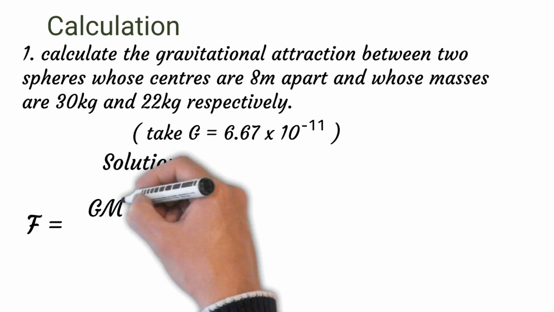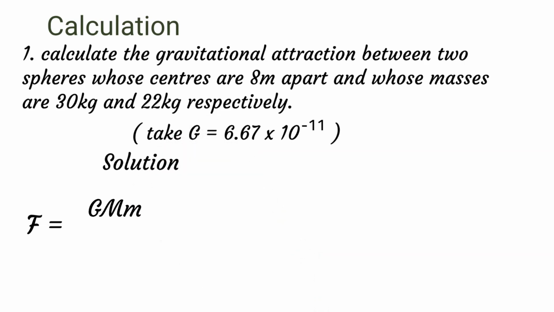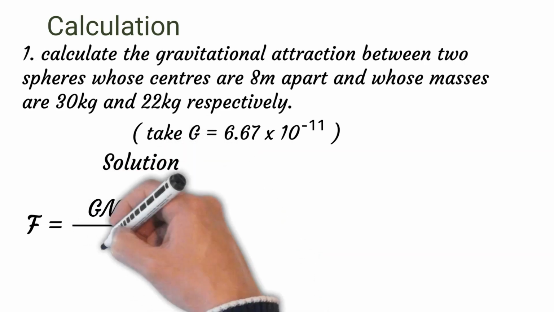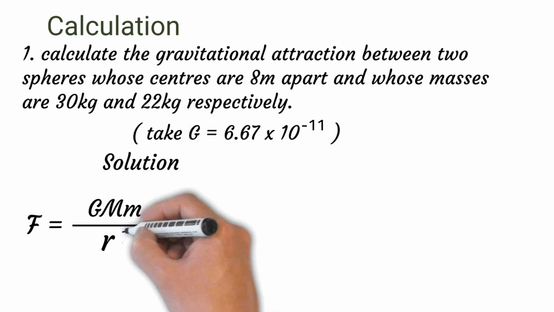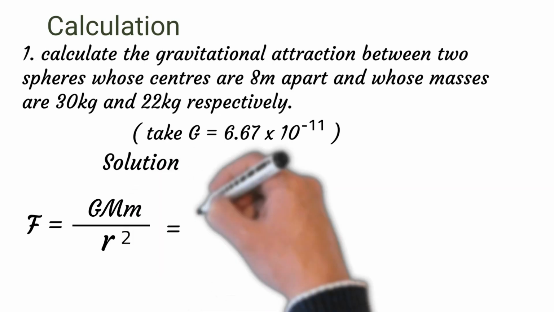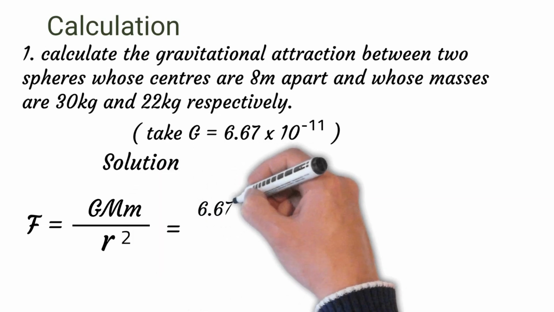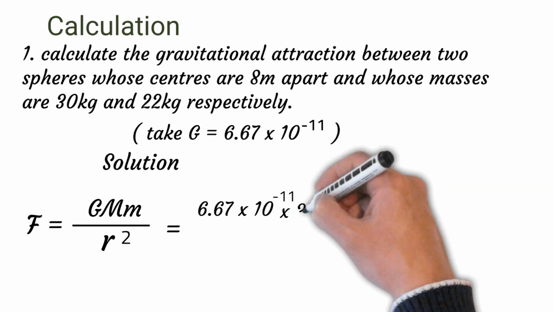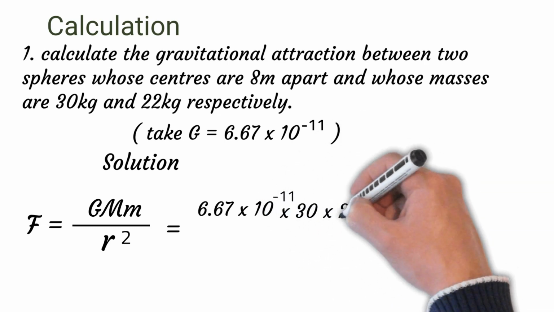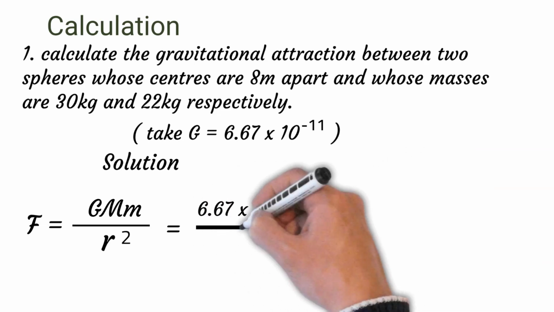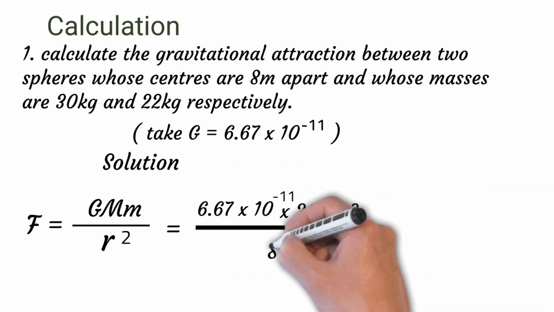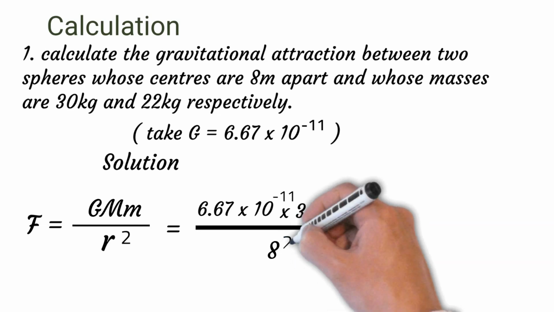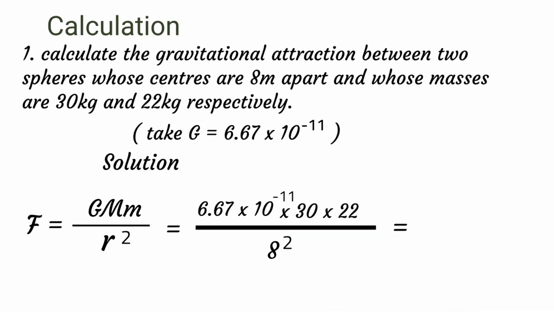So we're looking for force, gravitational attraction, so we use G m m over r square. We substitute our values. Big G is 6.67 times 10 to the power minus 11, times the big mass, 30, and the small mass, 22, divided by r, which is 8 squared.